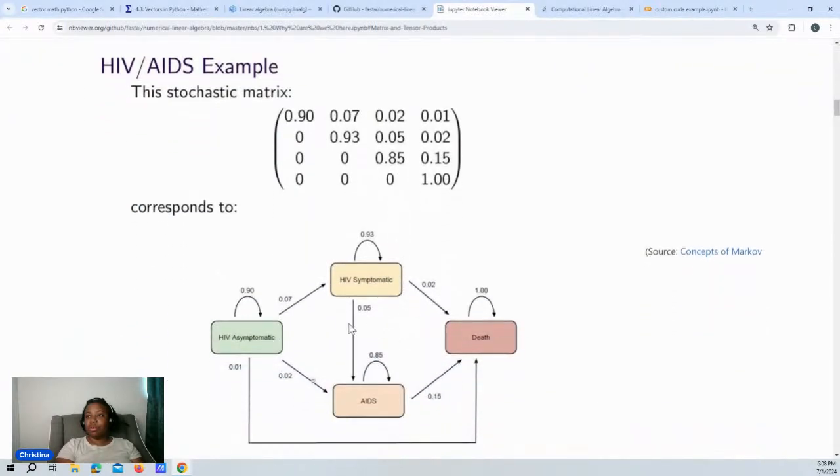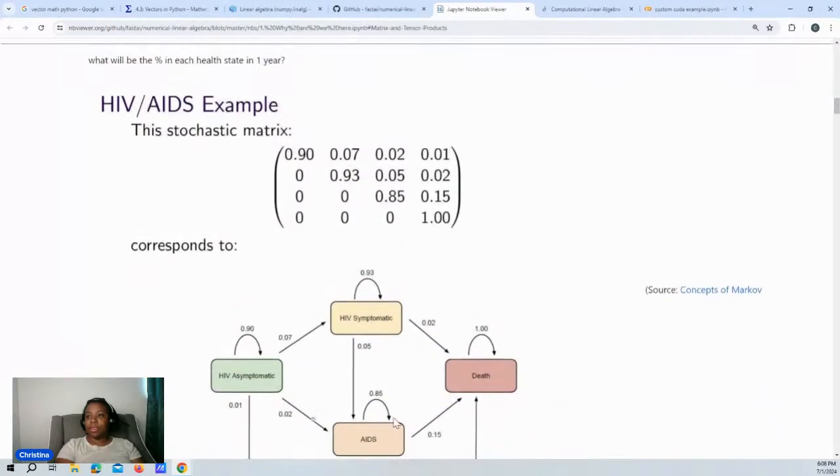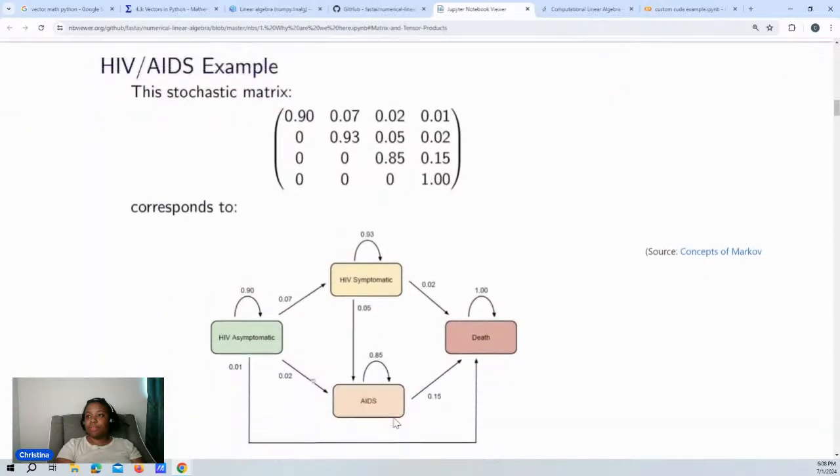Let's see what we're talking about. So 85% asymptomatic. Then we have the other options: if you have AIDS, 15% die. And we go further.